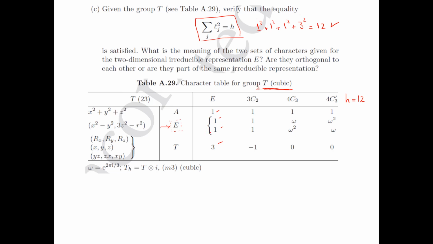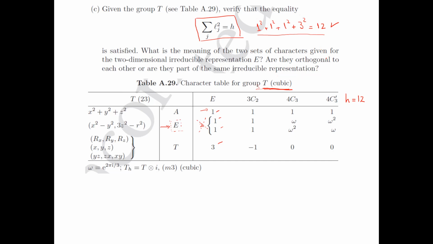But these are two irreducible representations, and you can see that because it satisfies this equation, in which you have 1, 1, 1 here. You see that this equation would not be satisfied if you had one irreducible representation and a double dimensional representation and a three-dimensional representation. So that's not the case.